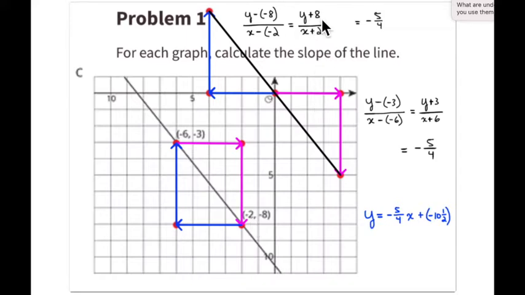So that's going to be y plus 8 over x plus 2 equals that -5/4. Or y minus -3. So this y right here minus -3 over x, this x right here, minus -2. And so you get y plus 3 over x plus 6 equals -5/4.